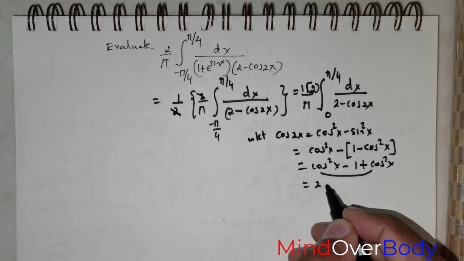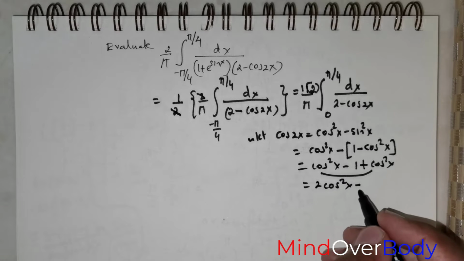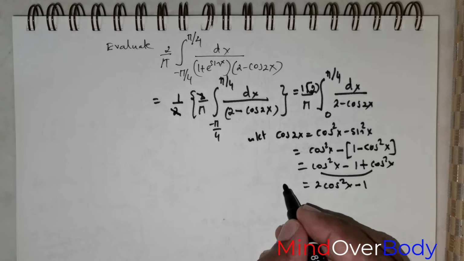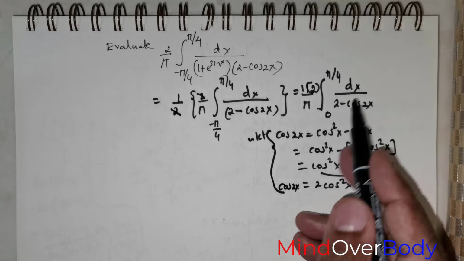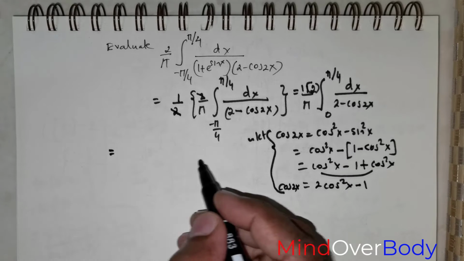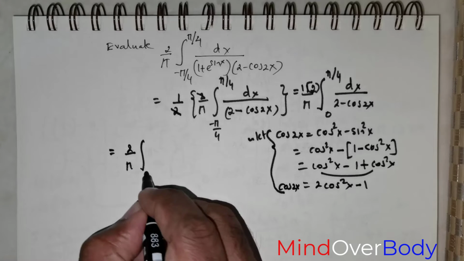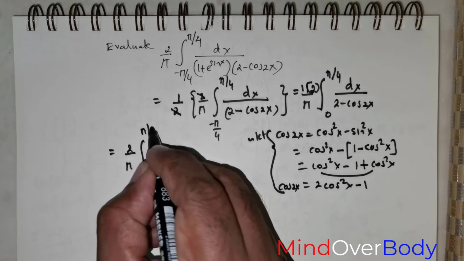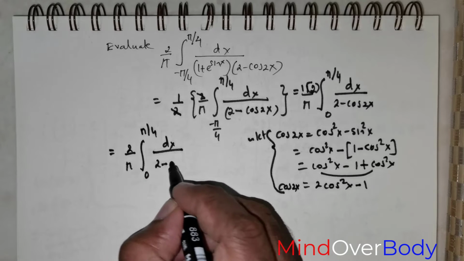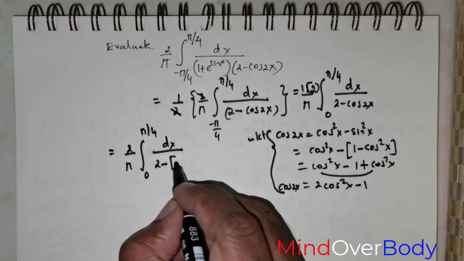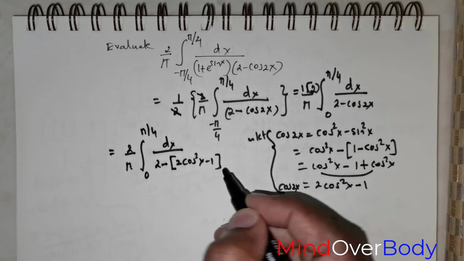I can add these two to give 2 cos squared x minus 1. This is my cos 2x. So hence I can rewrite this integral as 2 over pi, the integral from 0 to pi over 4 of dx over 2 minus (2 times cos squared x minus 1).